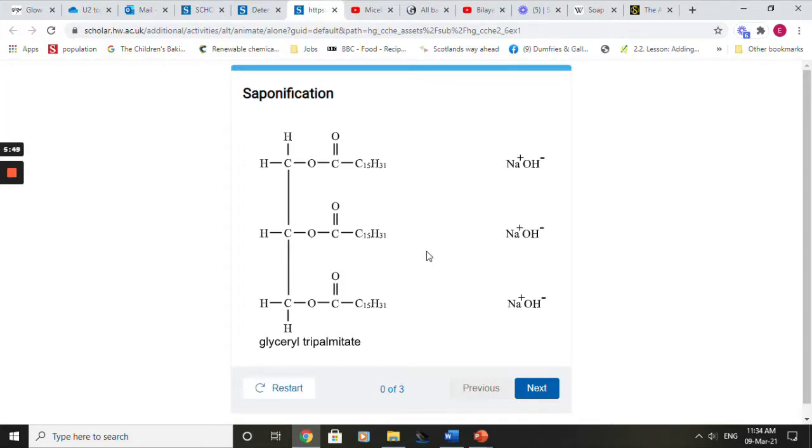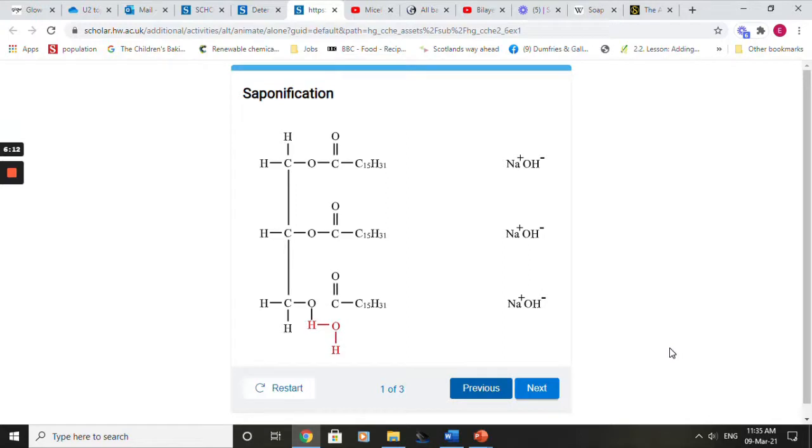But to be honest, during the soap making process, all of this is kind of happening at once, so don't worry too much about the order of things. Most of the time in these equations, in the equation in your notes on page 17, all we're showing is the fat or oil and the sodium hydroxide, but it is hydrolysis, water is involved as well. So the water is shown in this animation here.